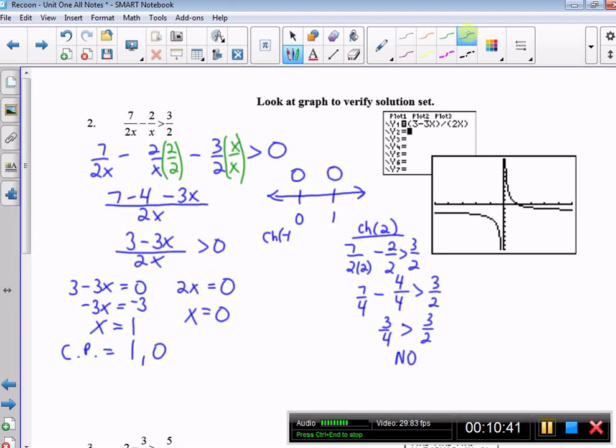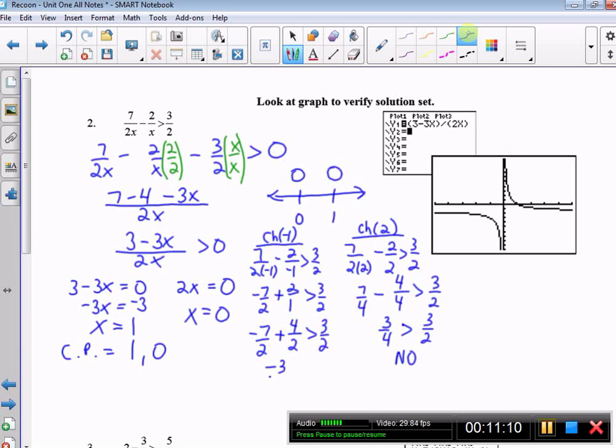And if I check negative 1, I get 7 over 2 times negative 1 minus 2 over negative 1 is greater than 3 over 2. That's negative 7 over 2 plus 2 over 1 is greater than 3 over 2, which is negative 7 over 2 plus 4 over 2.